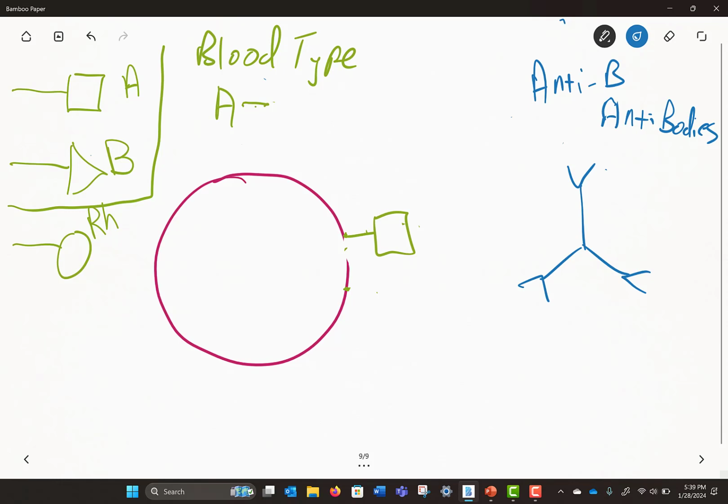When someone is blood type B, they are born with B antigens on their red blood cells. And they are born with anti-A antibodies. When someone is RH positive, they are born with RH antigens on their red blood cells.